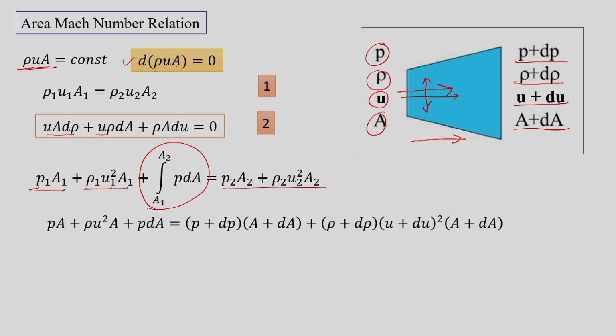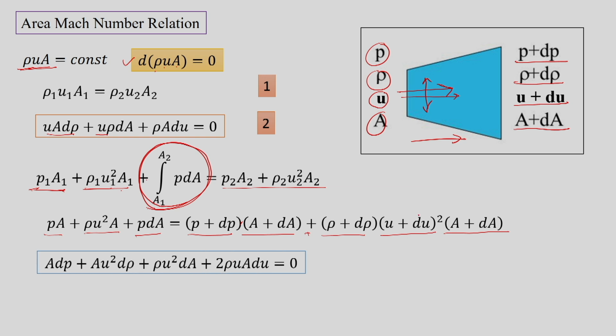This expression in differential form can be written between inlet and outlet as PA plus rho u square A plus P dA, this is the variation of area in the direction of flow, is equal to (P plus dP) into (A plus dA) plus (rho plus d rho) into (u plus du) whole square into (A plus dA).